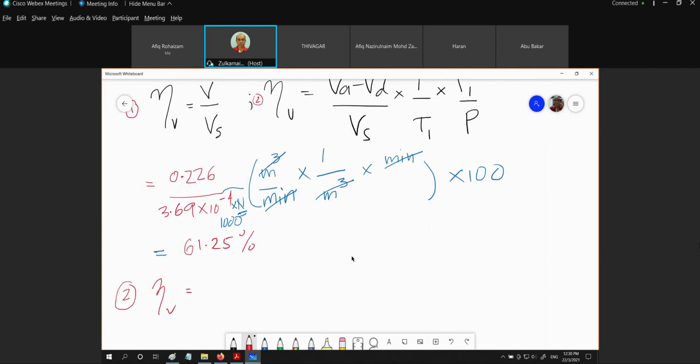So what is our VA minus VD? 0.6767, right? Divided by VS, multiplied by TOW. Our TOW is 288, our T is 313, P is 1, our PO is 1.013 times 100.